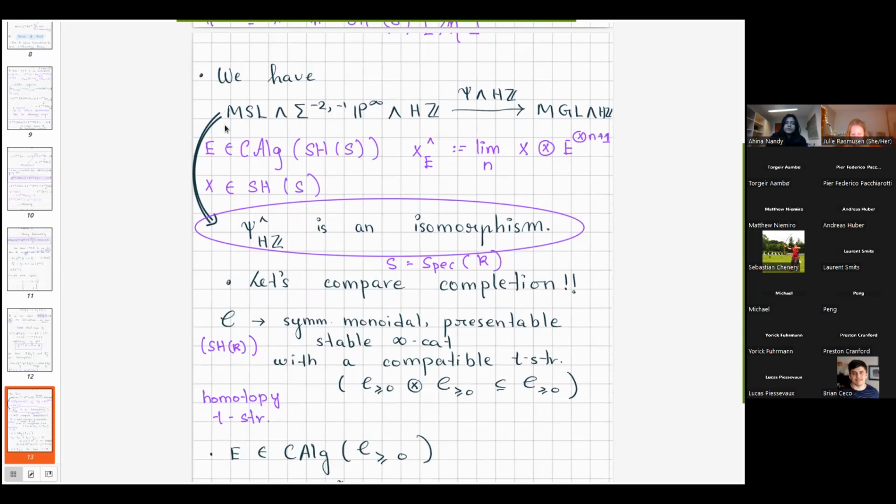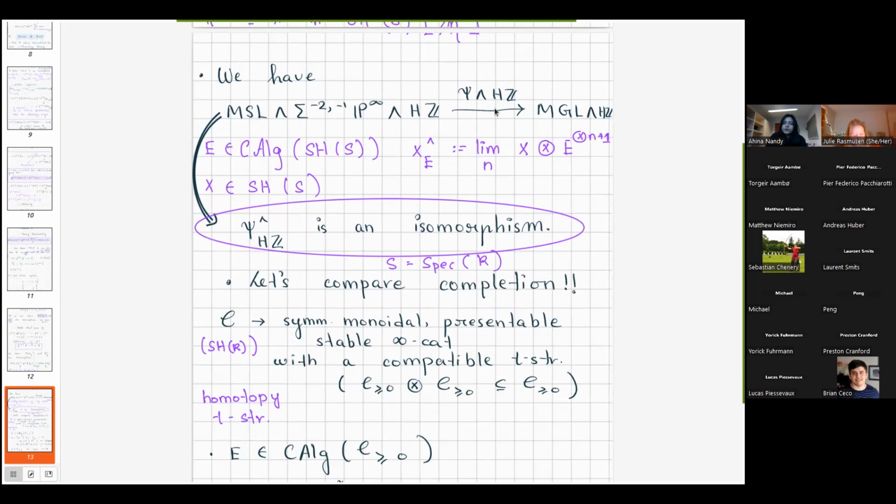Using the previous computation, we showed that when we smash our map with some good enough cohomology theory, it gives us an isomorphism. One example of such a good enough theory would be motivic cohomology. I'm not going into detail on what motivic cohomology is, but it should be thought of as an analog of singular cohomology.